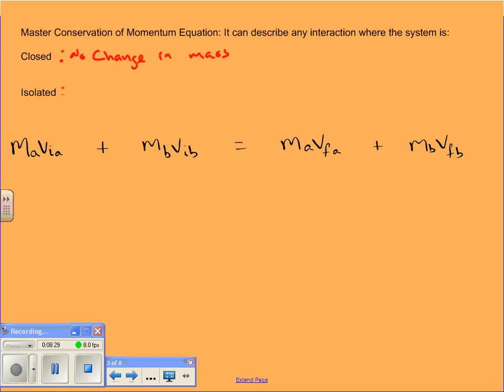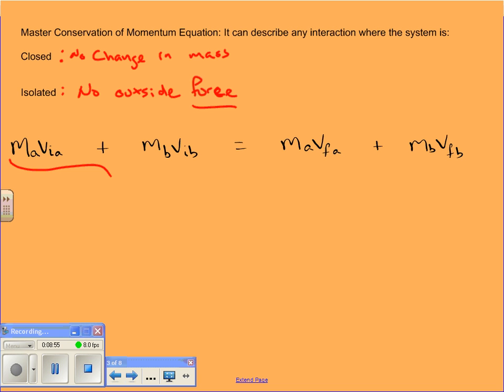And it also means that the system is isolated, and that means that there is no outside force. So if we talk about two cars colliding or something like that, what we have to assume is that they sort of drift into one another. The cars might be in neutral. No one has their foot on the gas or the foot on the brake while they're interacting, so they're just kind of running into each other on their own inertia.